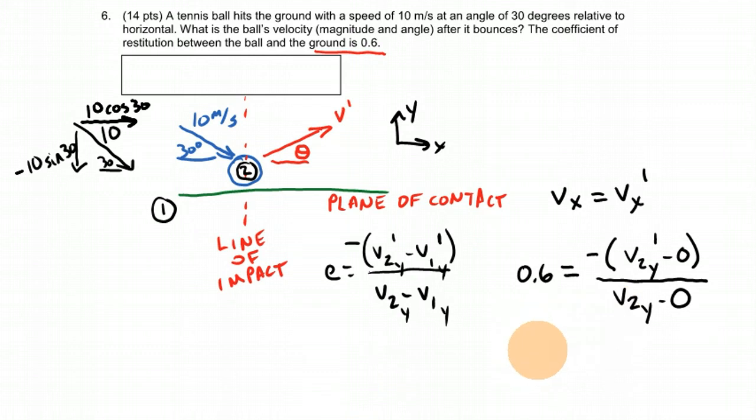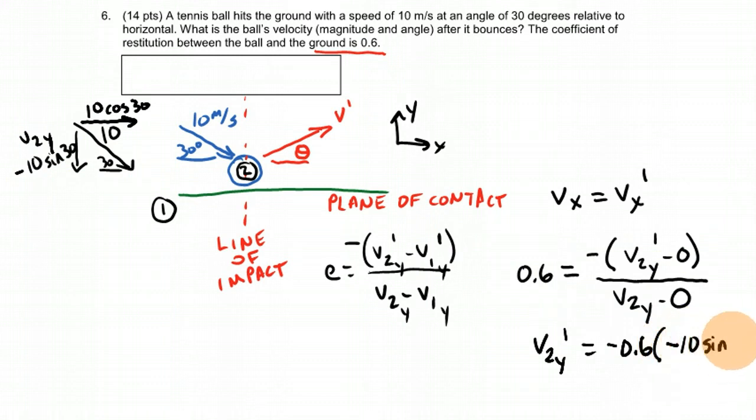Using that, we get v2y prime equal to, solving for this, I multiply by the negative and the v2y, so it's minus 0.6 times v2y, which is v2y before the collision, minus 10 sine 30.